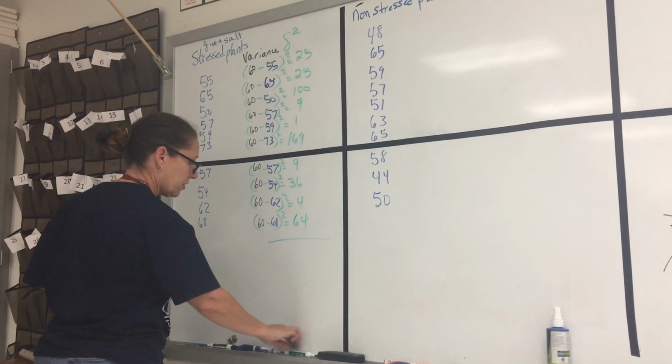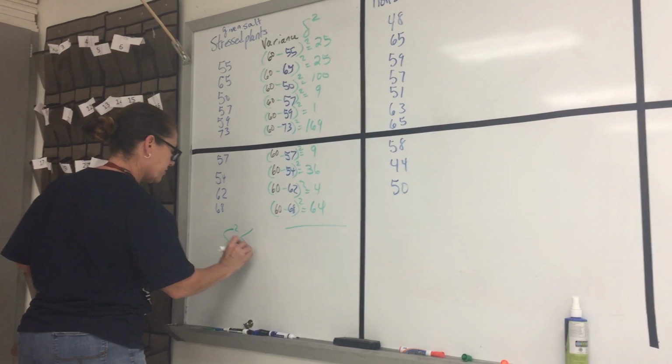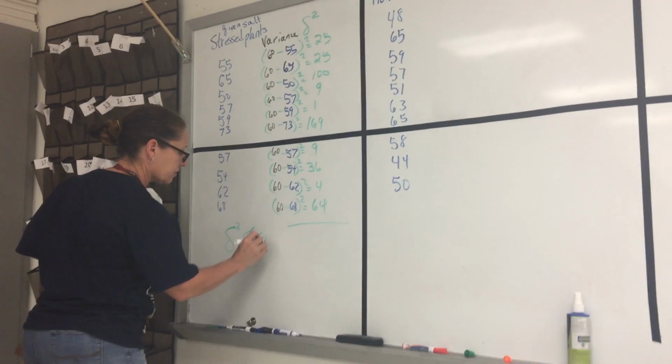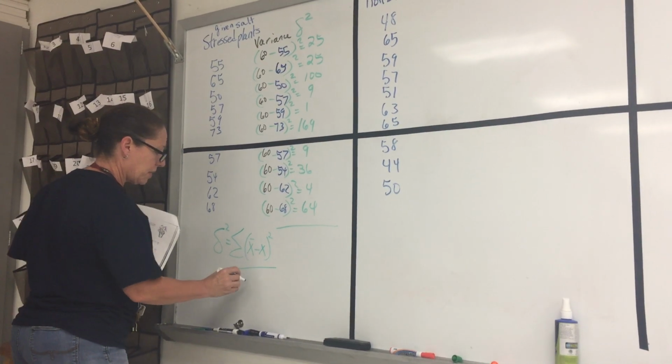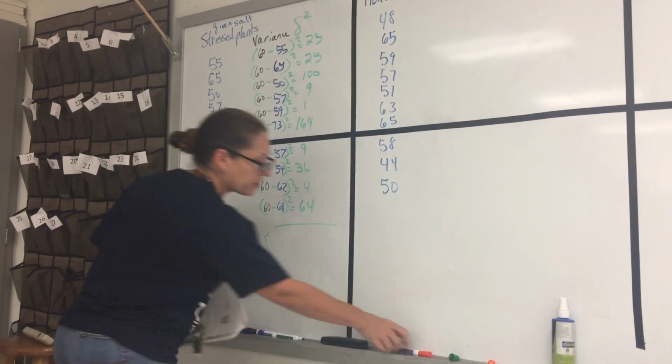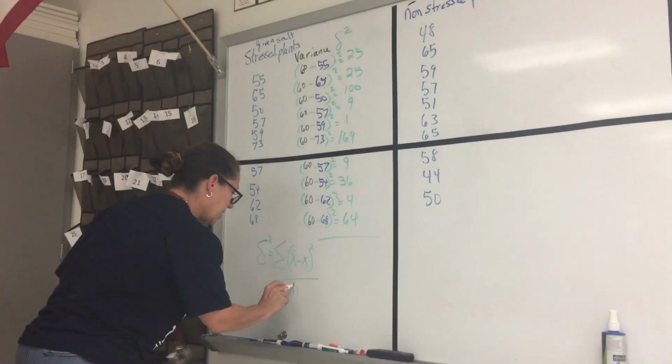Because our variance says to add all of the sum of the x minus the mean, squared, and then divide it by the n. Remember the colors we're supposed to do it. Ms. Carball forgot. So that's our n from here.